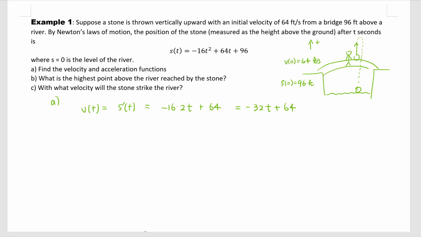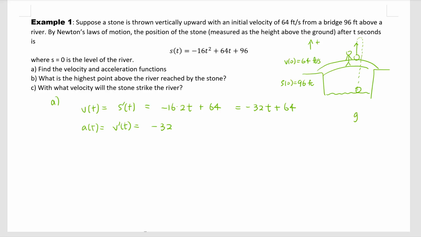And how about acceleration? Acceleration is the derivative of the velocity. The derivative of that is just negative 32. You see, this is a negative number. This is actually the gravity, so this is the acceleration due to gravity. It's negative because the attraction from the Earth is pointing down, and that's the negative direction.